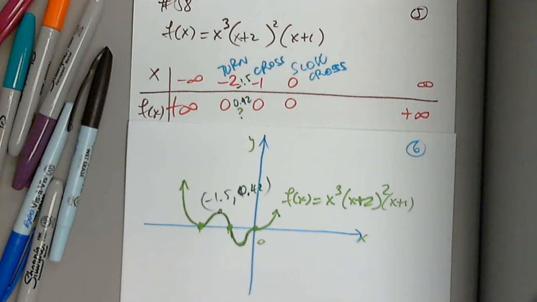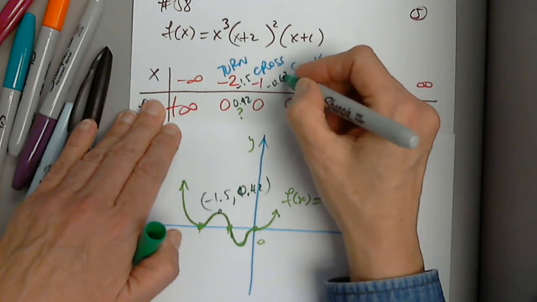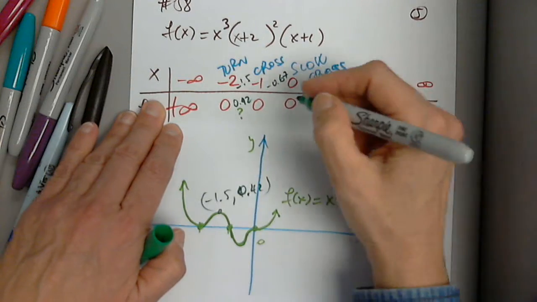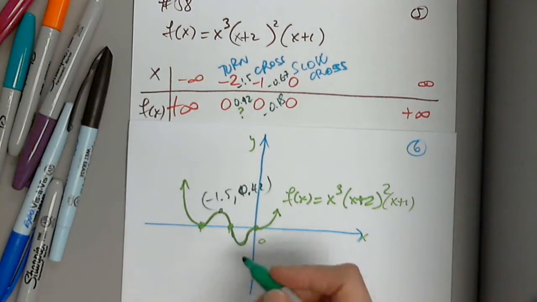And I don't want to guess, just give me the minimum. And the minimum is when x is negative 0.67, and the actual minimum is negative 0.18, a tiny minimum. So negative 0.67 and negative 0.18.